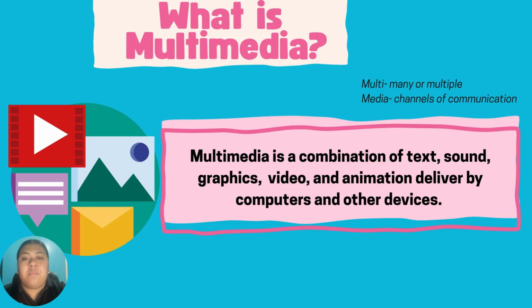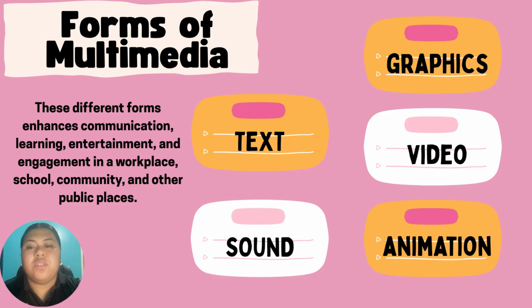Therefore, multimedia is a combination of all five things that can be found in phones and electronics: text, sound, graphics, animation, and videos. The five forms of multimedia are text, sound, graphic, animation, and video.